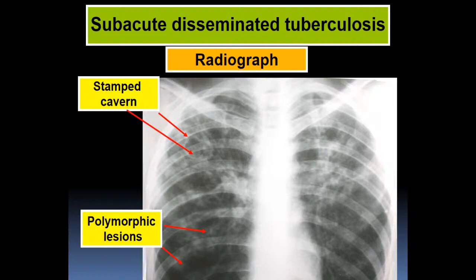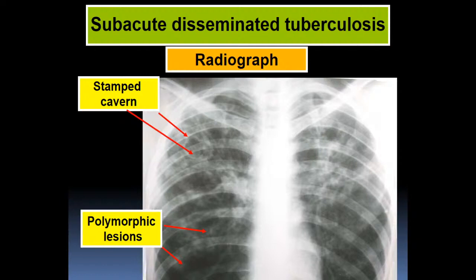Lower parts can be affected less. They are localized not symmetrically and not uniformly. On this X-ray, you can see focal shadows in upper parts of the lungs, lower parts less affected.